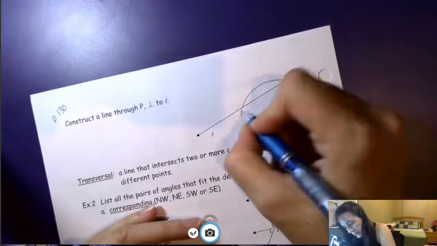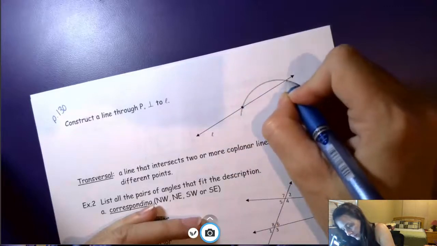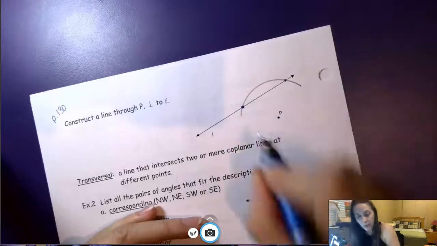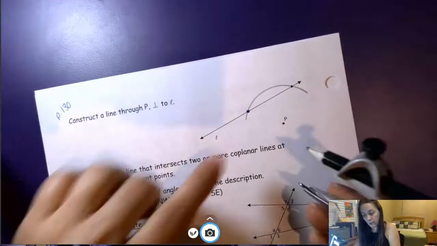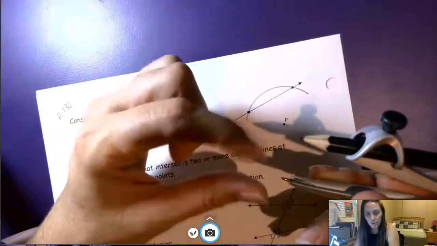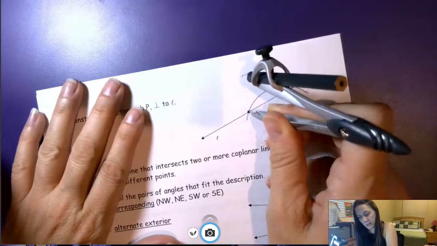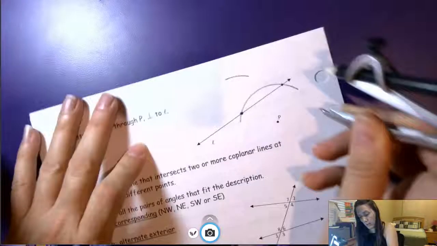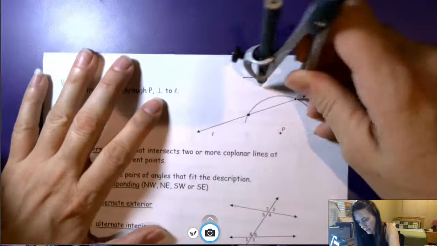I'm going to go ahead and make those points right now. After I make that first half circle, I'm going to go to those points using the same distance. So I didn't make this any larger or any smaller. I'm going to go here to this point, and I'm going to make a little arc up top. I'm going to go to this point. I'm going to make this arc over here.